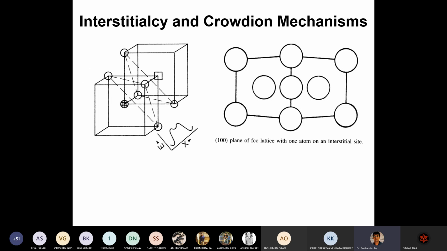What will be the mechanism underlying the movement of such a solvent atom which goes into an interstitial position? It will produce very large distortion if it jumps from one interstitial site to a neighboring interstitial site, since the size of the atom is almost equivalent to the matrix atoms, so it will produce very large distortion.